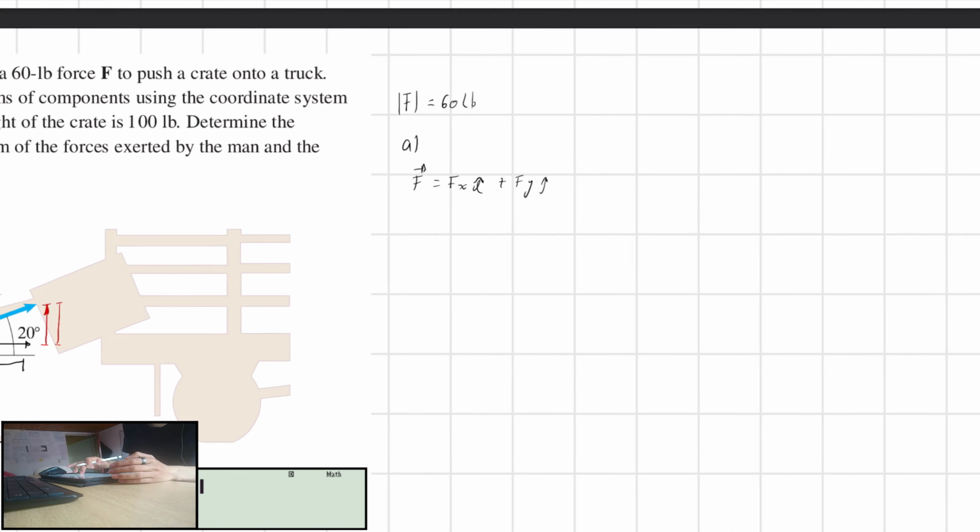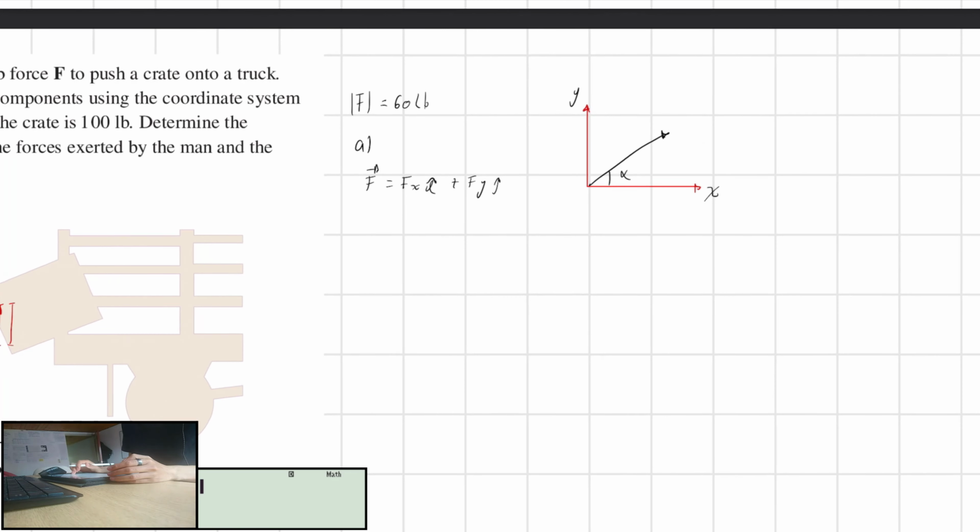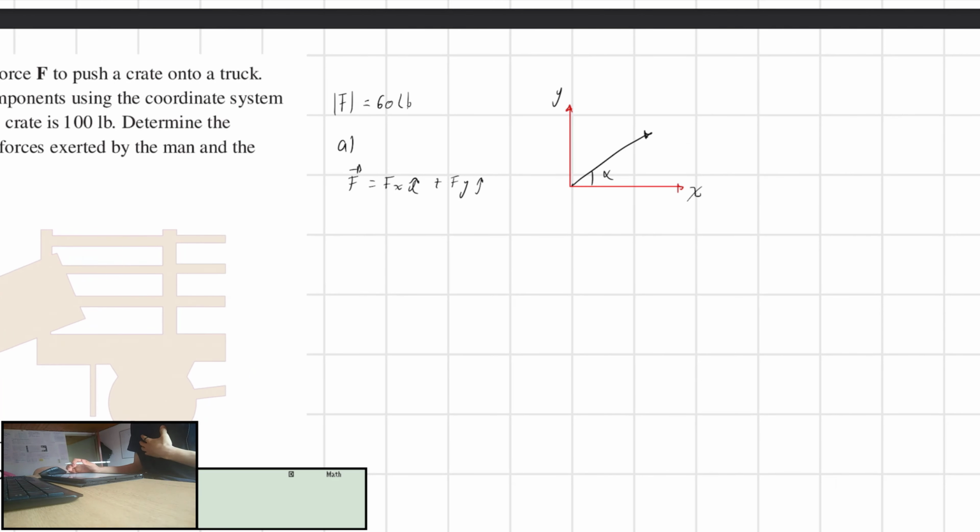Remember, when we have a vector like this, and that vector generates an angle between the vector and the x-axis, I am able to find the unit vector of that vector.